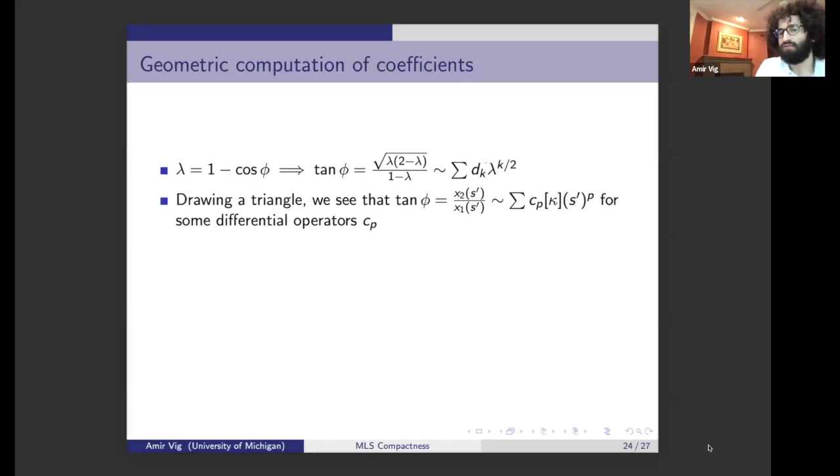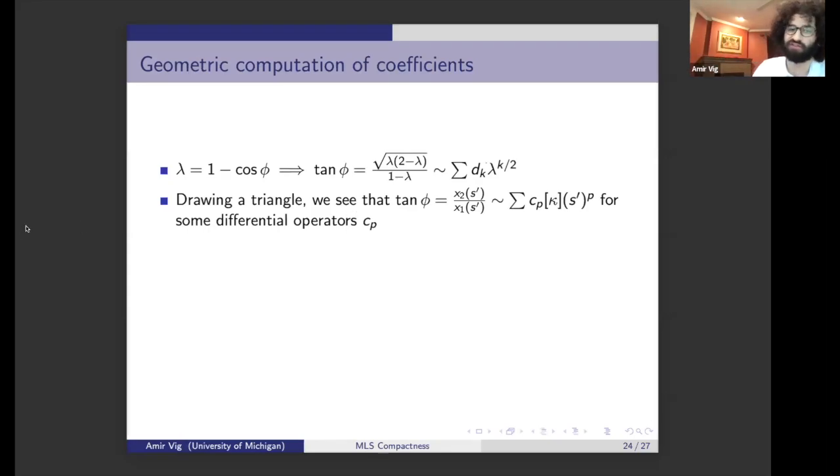And if you start differentiating this thing at the origin, since you're constraining yourself to lie on the boundary of our curve, this thing has a Taylor expansion, and the coefficients are defined in terms of curvature. So this is kind of where all the curvature stuff comes in. So the tangent of the angle can be expanded in terms of the subsequent point of reflection with coefficients in the curvature jet.